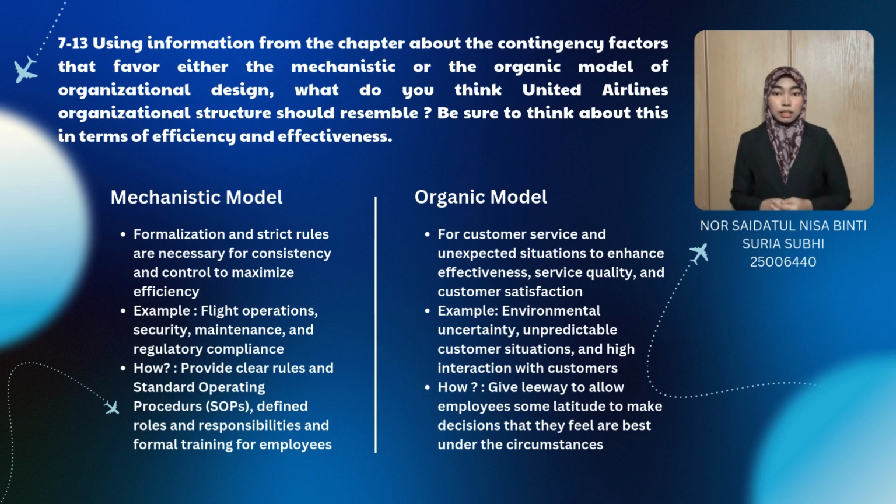How does United Airlines use the organic model in their organization? It is by giving leeway to allow employees some latitude to make decisions that they feel are best under the circumstances. This allows greater employee flexibility, decentralized decision-making, and open communication, enabling staff to respond appropriately and empathetically to unique situations without relying on rigid strict rules.